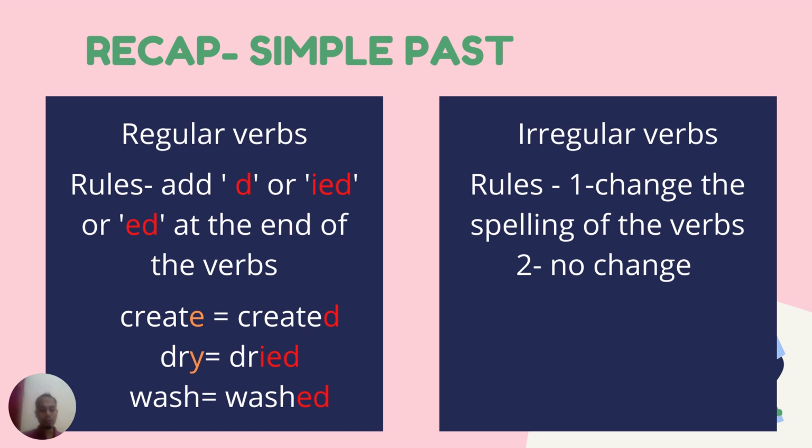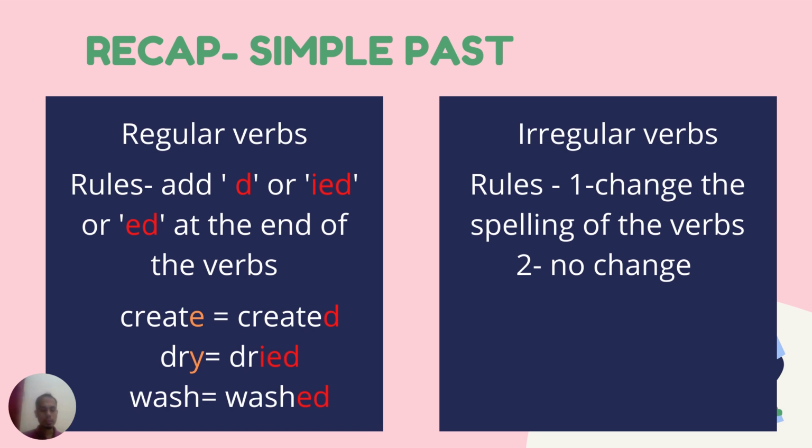The past tense form for create is created, where we add d at the end of the word create. The past tense for dry is dried, where we remove the letter y and add ied.